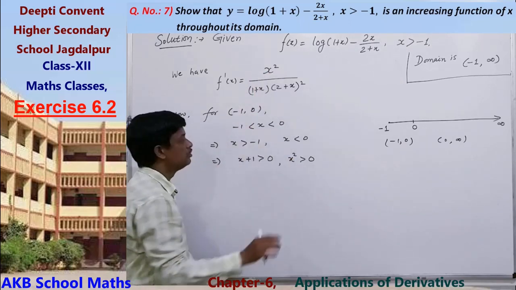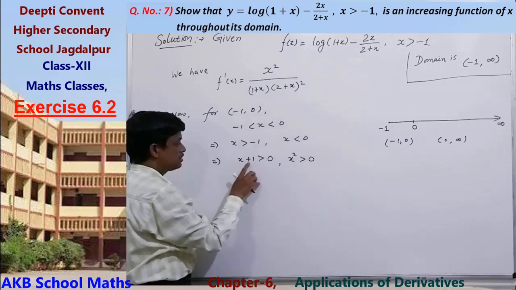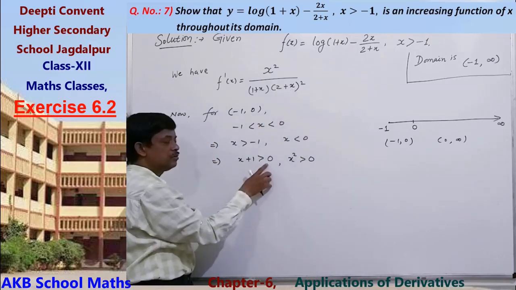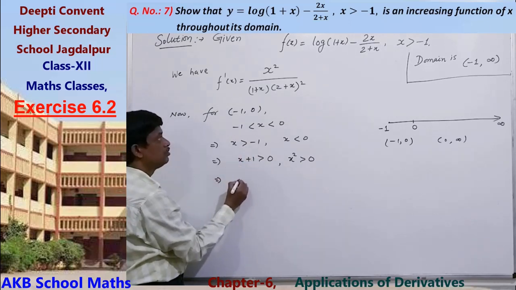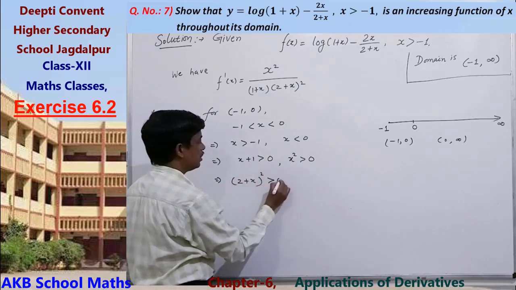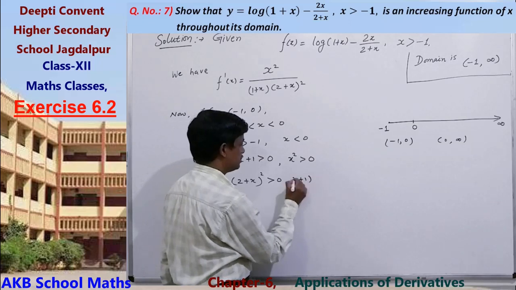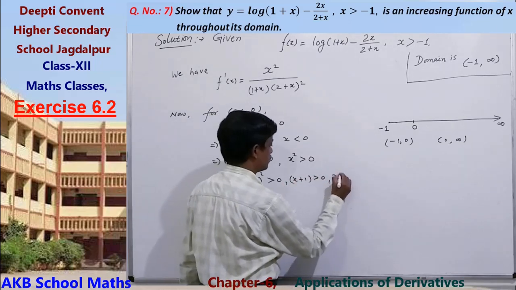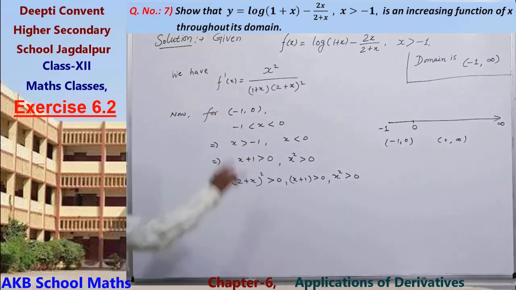Also, 2 plus x is greater than 0, so 2 plus x whole square is also greater than 0. That is, we get x plus 1 greater than 0, x square greater than 0. These three quantities are greater than 0 for this interval.